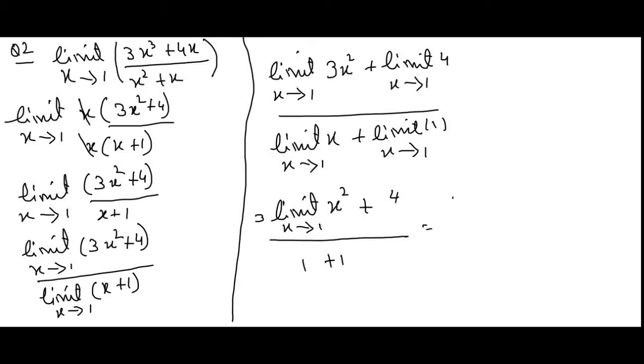Now applying the limit, 3 into 1 whole square plus 4 over 2. So square of 1 is 1, so 3 plus 4 over 2 is equal to 7 by 2. This is our answer.